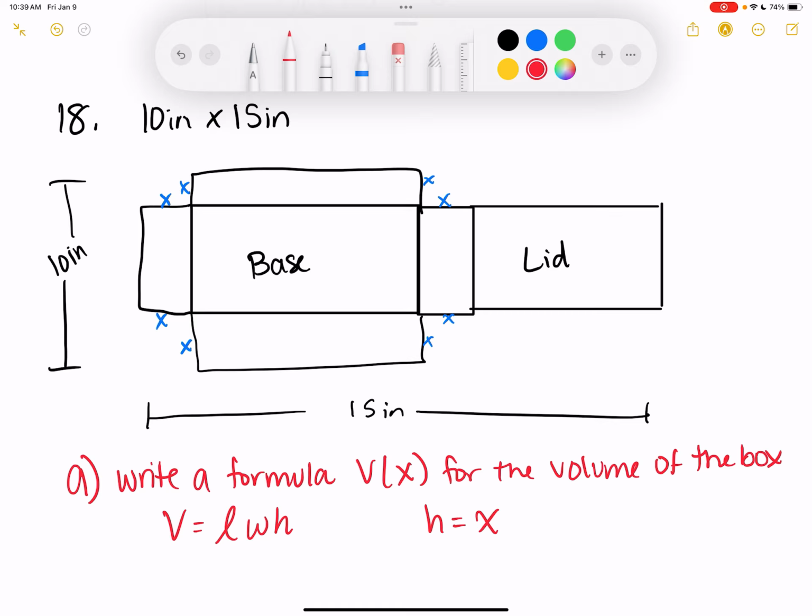The length is obviously going to be this 15 inches, but it's going to be cut in half, because this side and the base should be equal to this side and the lid. Because to make a box, you have to fold the whole thing up and over. The two rectangles on the side of the base, we're just cutting those because we're folding them up.